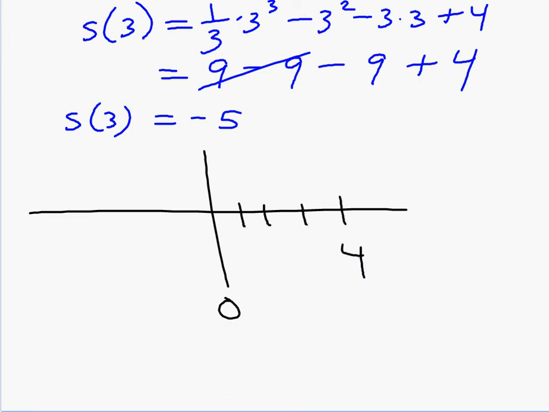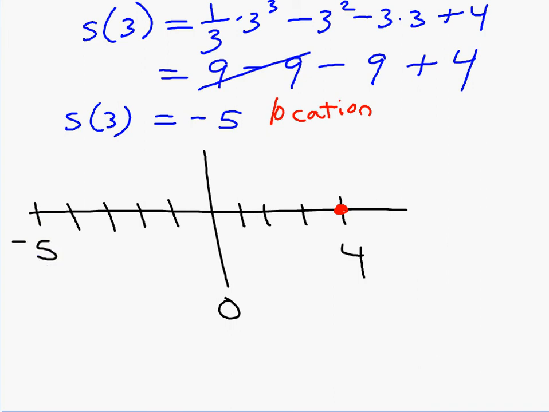The particle started right here. Now, where did it go from time 0 to time 3? It went over to -5.